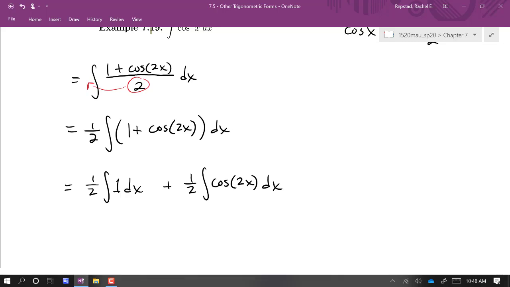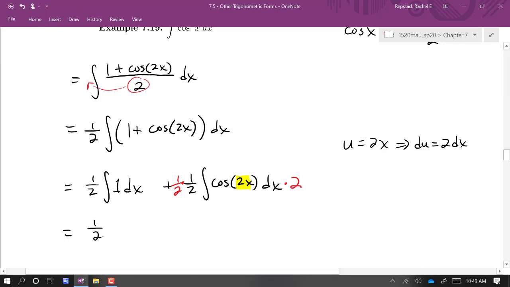But if we let u equal 2x, then du is 2 times dx. I need a factor of 2, and that's fine. I'm going to throw that in, and I'm going to compensate with a factor of 1/2 outside. So I've got 1/2 times the integral of 1 dx plus 1/4 times the integral of cosine u du.